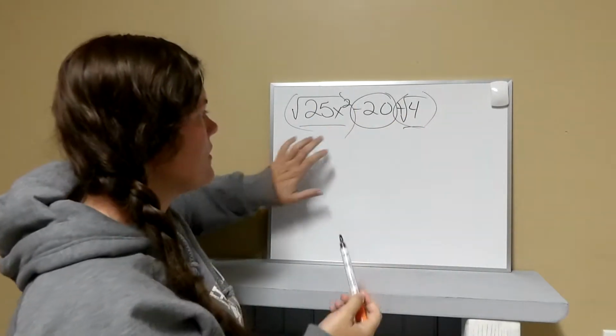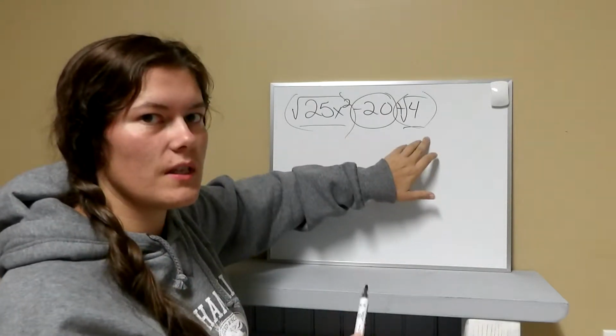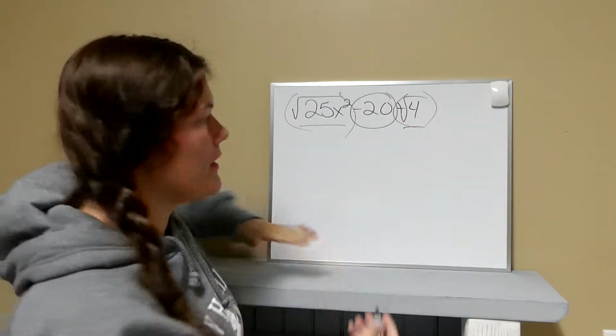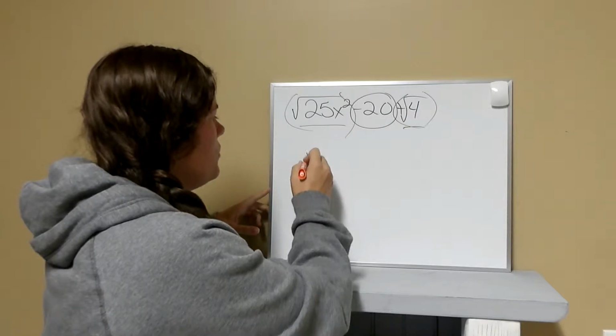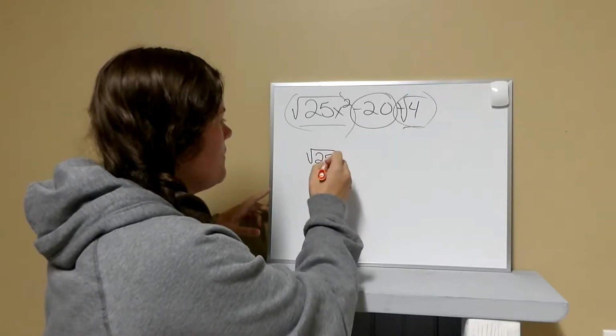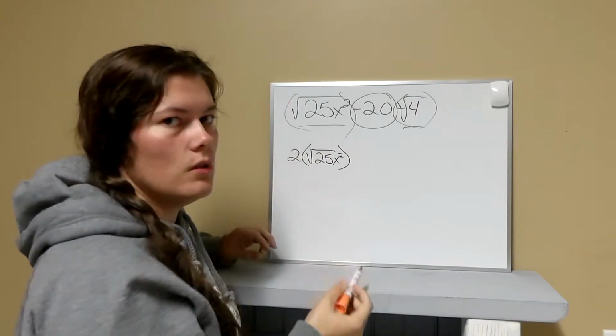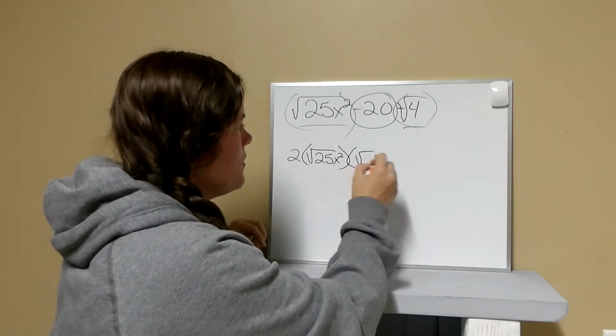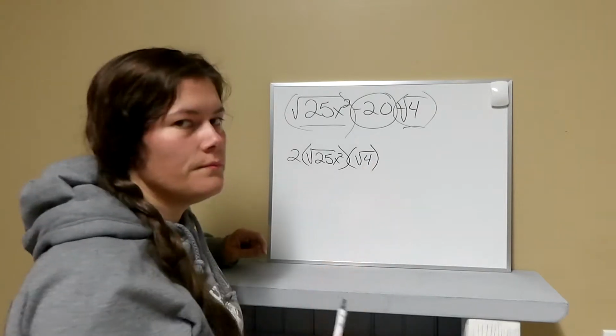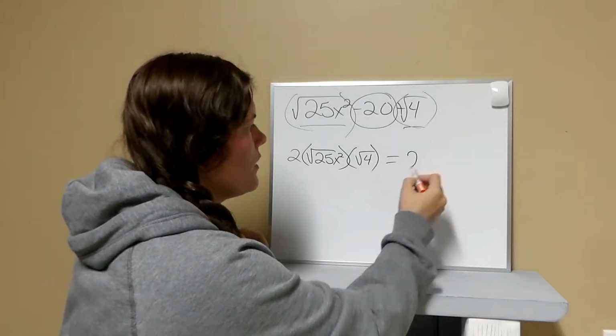So because it's twice as much as this, how you're going to start solving it is you would do the square root of 25x squared times 2 times the square root of 4 equals 20.